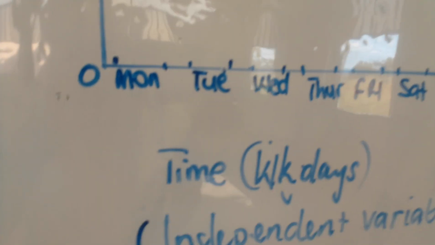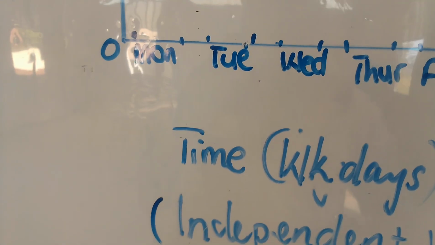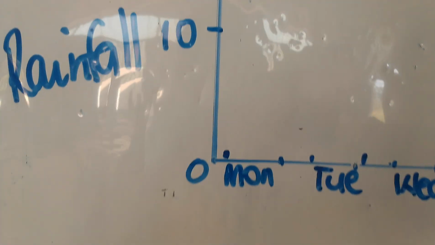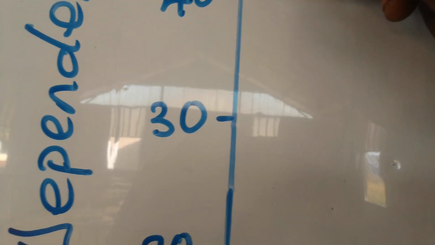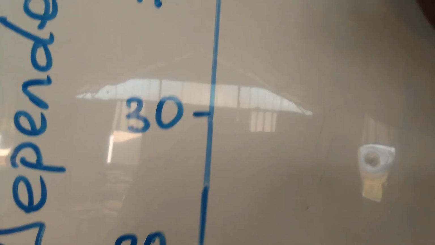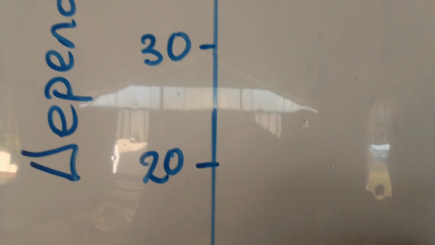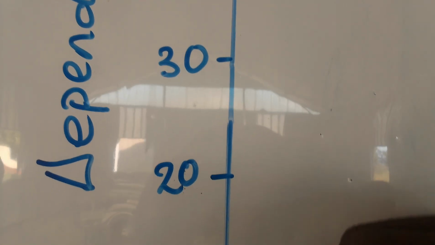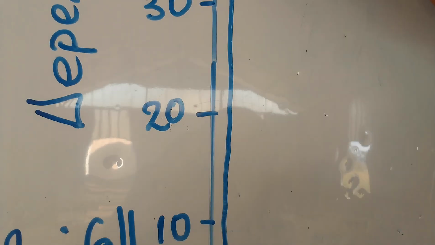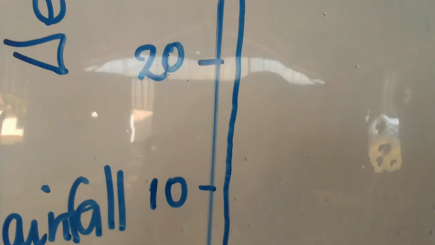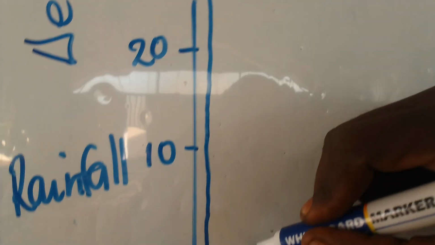So this is how I'm going to draw now. On Monday, I have 40 millimeters, so I'm going to consider the 40, which is there. I'm now going to draw my graph. I'm using freehand, but you are expected to use a ruler.